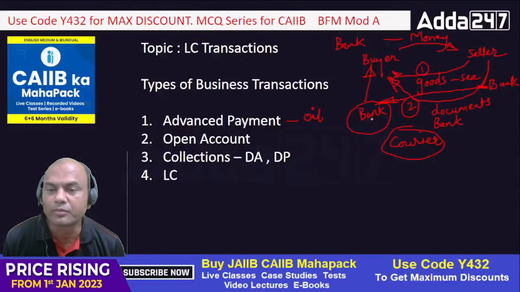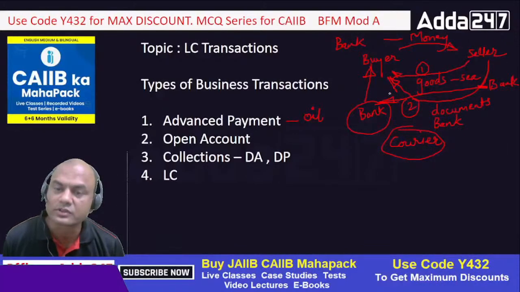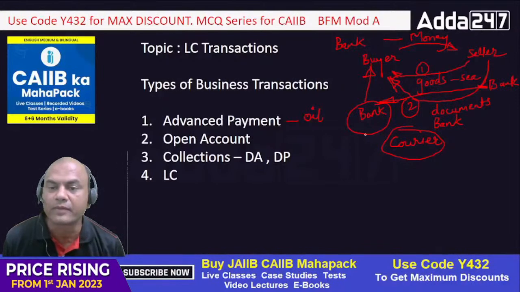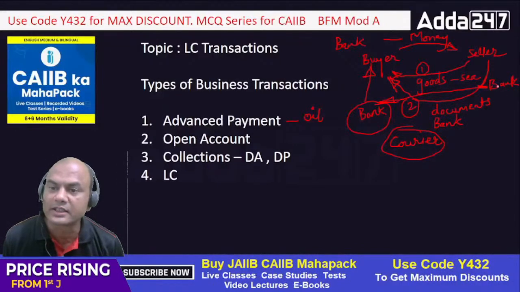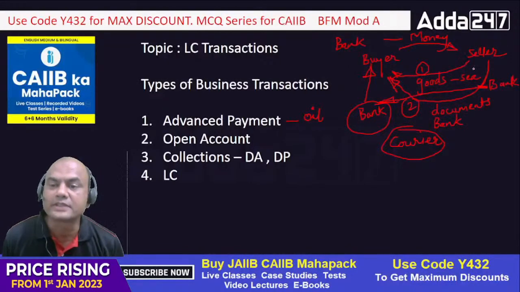It won't give the documents to the buyer. But after all, who's at a loss? The seller is at a loss, because the seller's money is stuck. So in such cases, if the buyer does not pay, this bank sends the documents back to the seller's bank, and the seller's bank gives the documents back to the seller. So after all, in the end, the seller is at a loss.